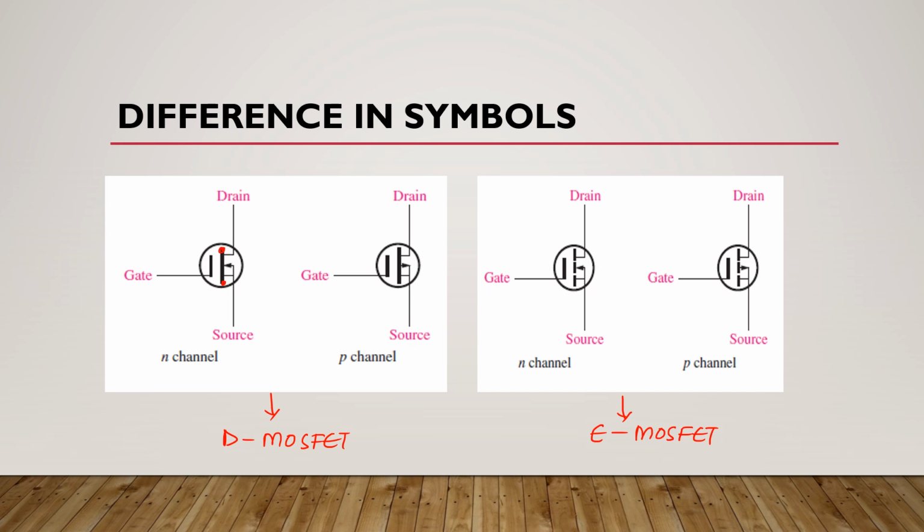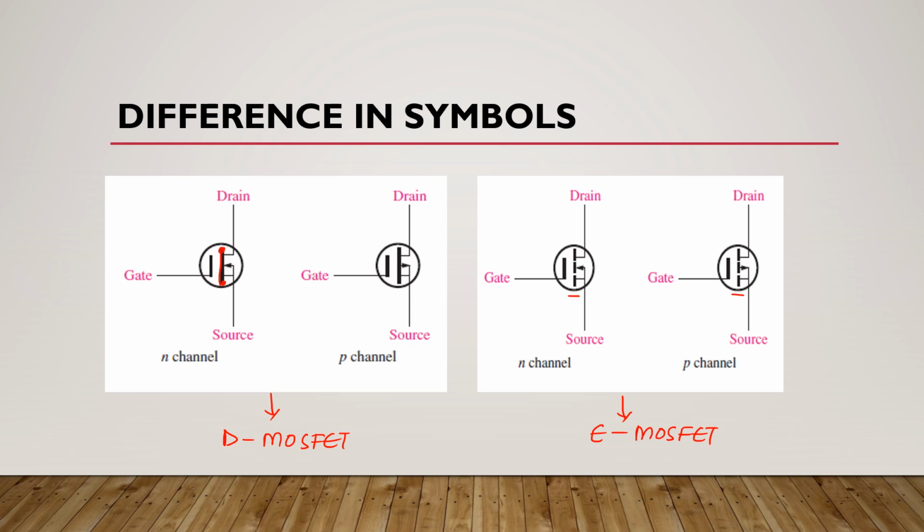If this channel line is a solid unbroken line, then it represents a depletion type MOSFET, as you can see here, as drain current can flow with zero gate biasing potential. Now if this channel line is shown as a dotted or broken line, as you can see here, then it represents an enhancement type MOSFET as zero drain current flows with zero gate potential.